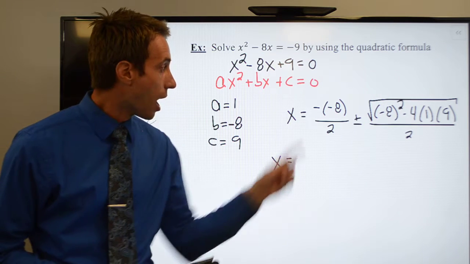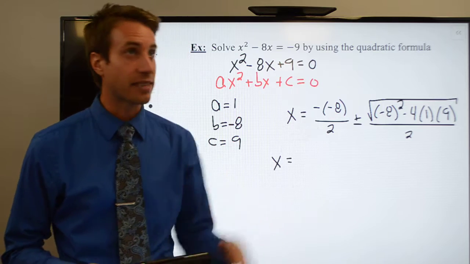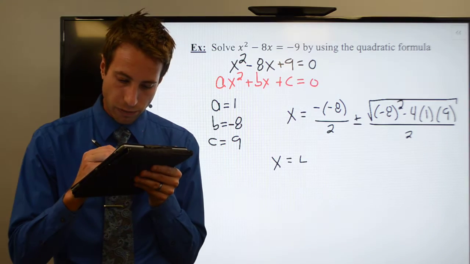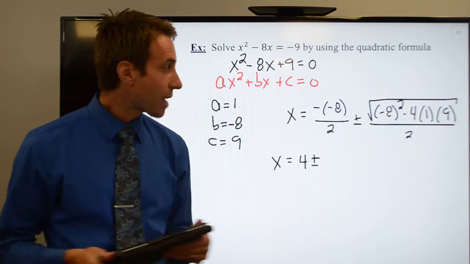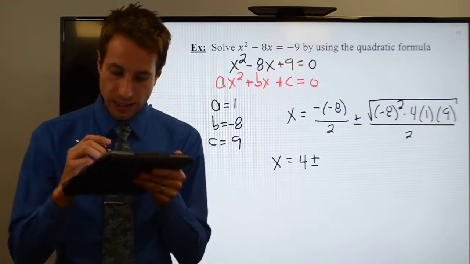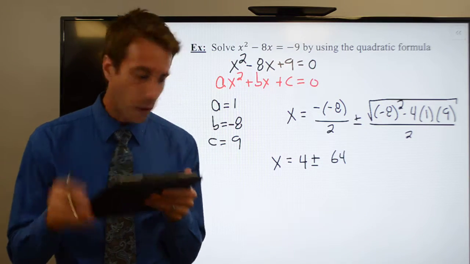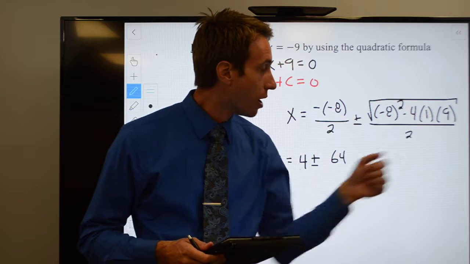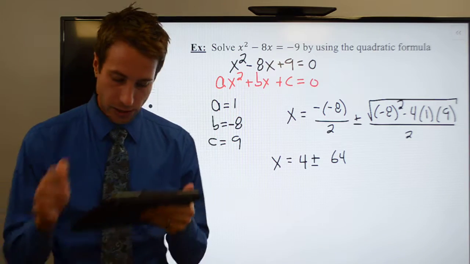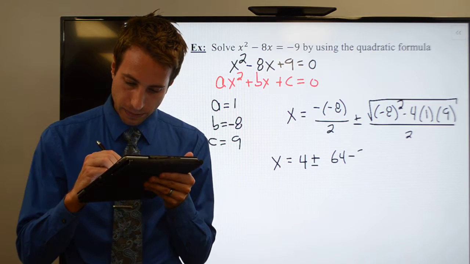Let's see what happens with this one. X is equal to, negative times a negative would be a positive 8. 8 divided by 2 would be 4. So 4 plus or minus. Okay, negative 8 squared is going to be a positive 64. So I have 64. And a negative 4 times 9 would be a minus 36.